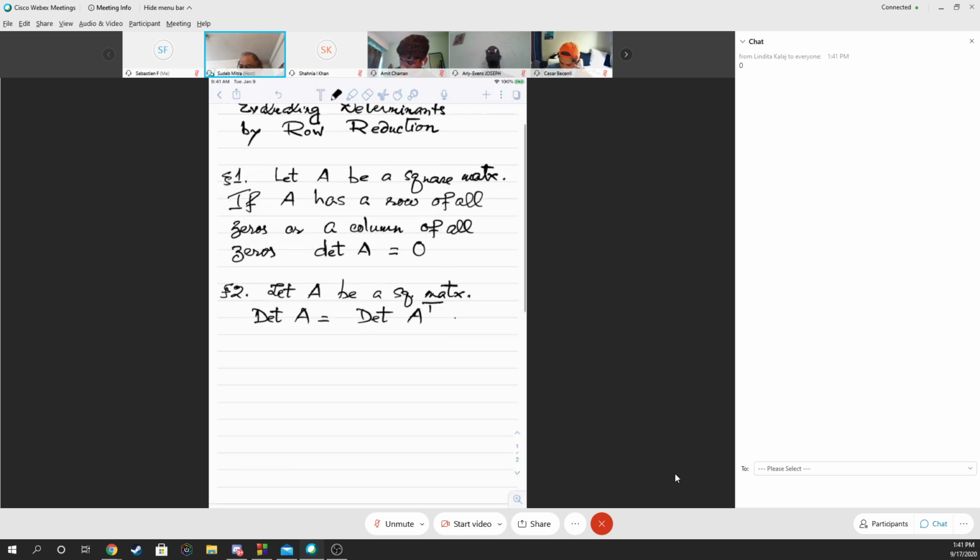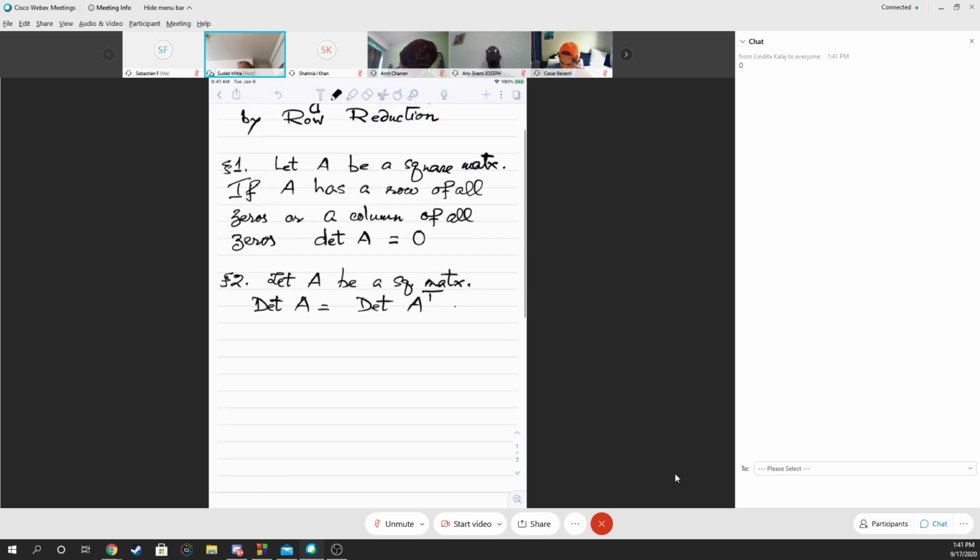Now, today is about how to evaluate determinants, so we did 3 by 3 determinants by using cofactor expansion. Suppose you have a 4 by 4 determinant. So today we will be talking about row reduction.